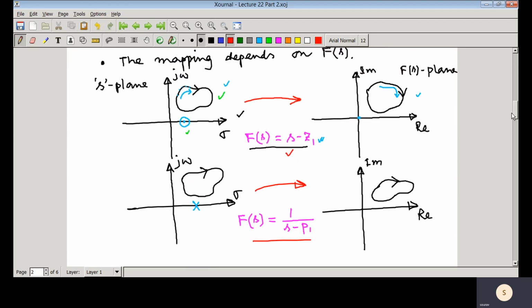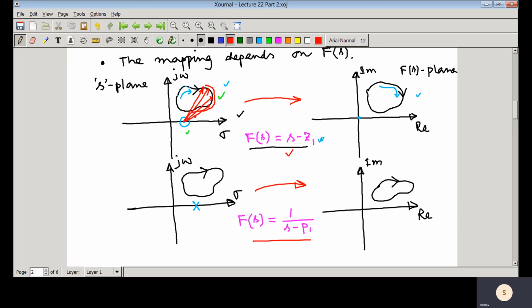And in the other case, whenever the 0 is outside the contour, suppose you have started from here. If you draw a vector here and start traversing this loop, you can see the vector is going like this, like that, like this.